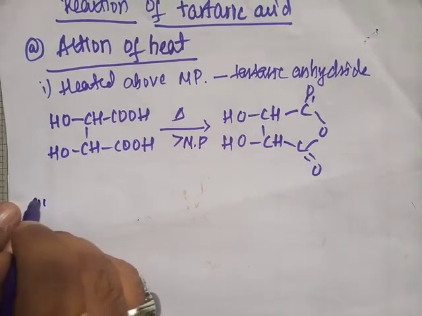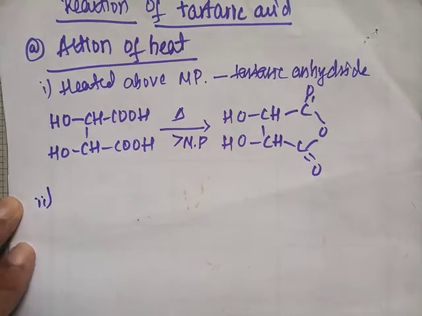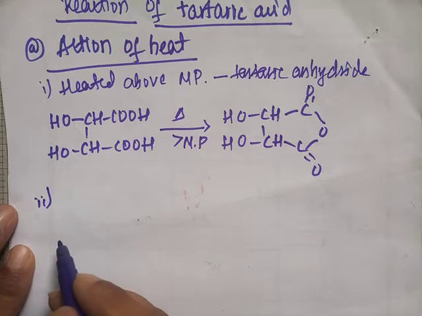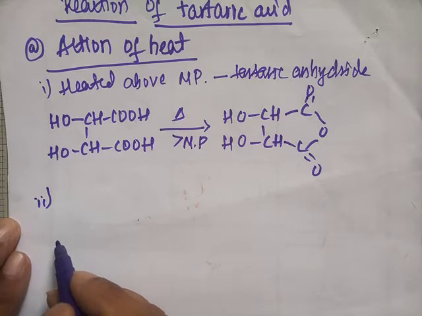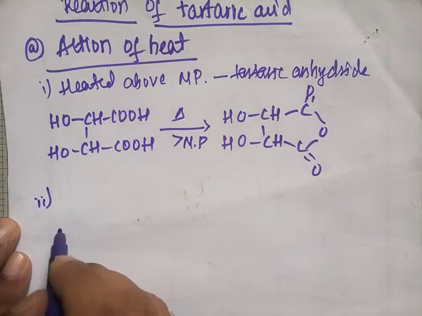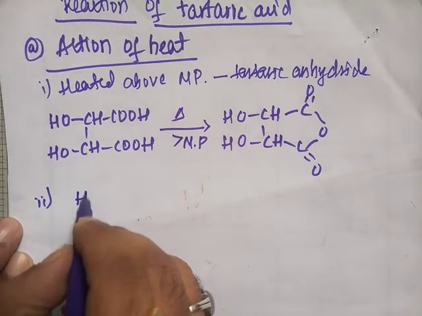Next case: when tartaric acid is heated strongly, or heated with potassium bisulfate at 210 to 220 degrees Celsius, it forms pyruvic acid. Let us see its reaction.